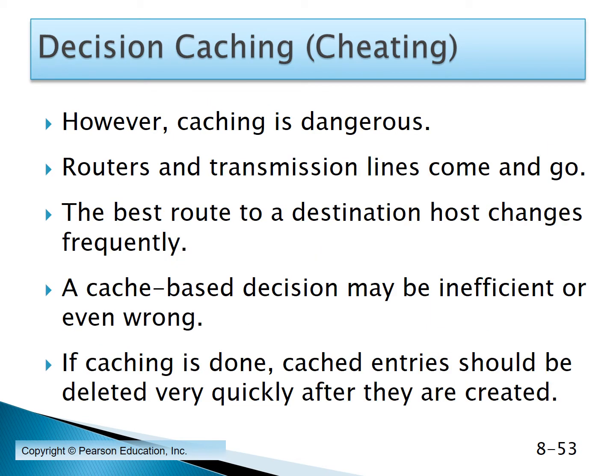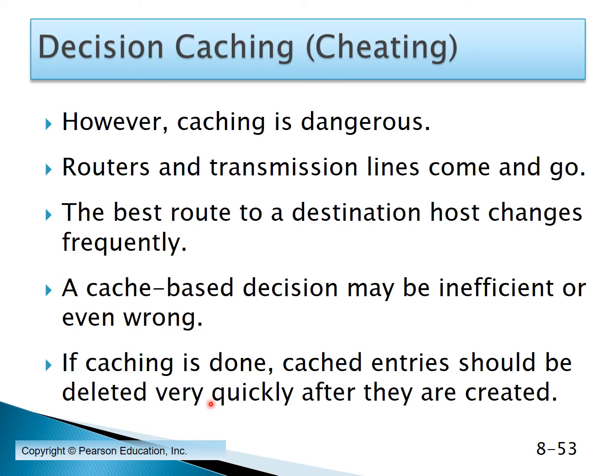Of course, caching can be dangerous, because the routers and also the transmission lines can come and go, and it can be very temporary; they can disappear in just a few minutes. So the best route to a destination host can also change very frequently, depending on the traffic situation and whether the routers and the transmission lines are working or not. So a cache-based decision may be inefficient or even wrong.